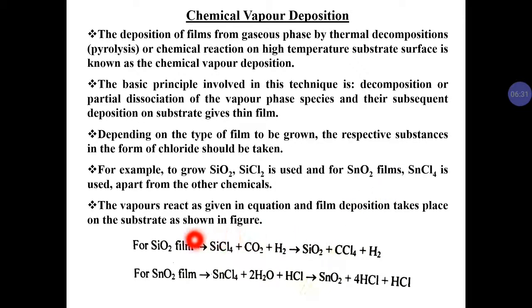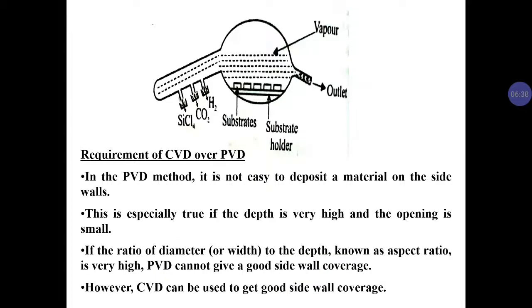To form silicon dioxide, this is the equation to be followed, and to form tin dioxide, the equation is as follows. And in this diagram you can see the starting material is taken in the gaseous state, and this gas is allowed to get into the chamber where the substrate is placed at the bottom, and it is heated to a high temperature.